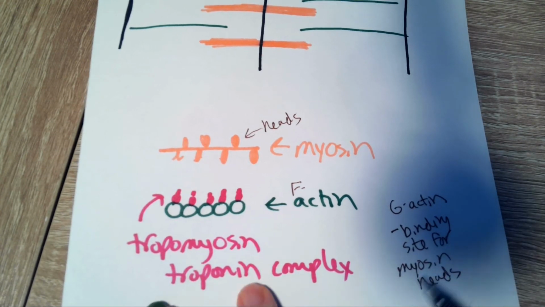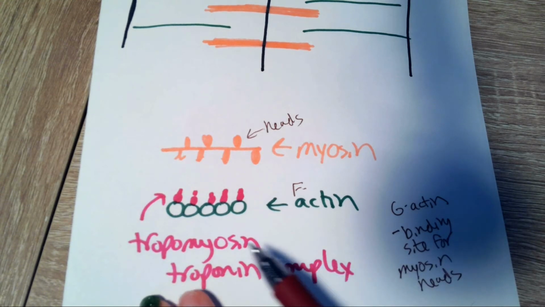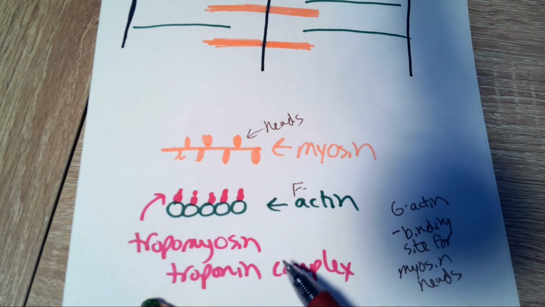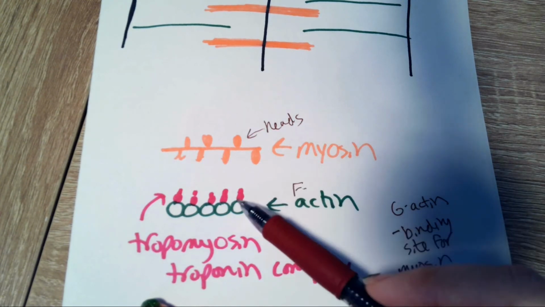Okay, so normally when the muscle is at rest, you have the binding site for the myosin heads on the G-actin covered by two proteins, tropomyosin and troponin, and together they make the tropomyosin-troponin complex. But then when you have an action potential, we're going to move that complex aside so the myosin head can bind.